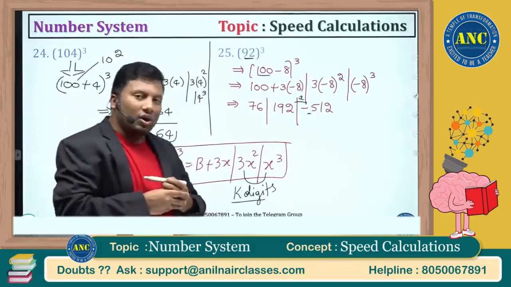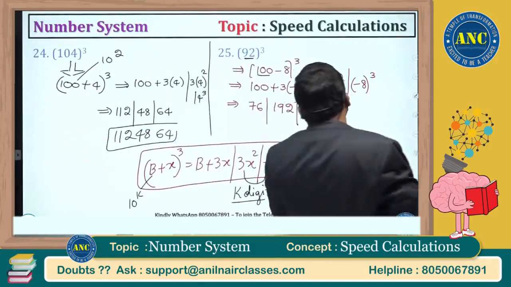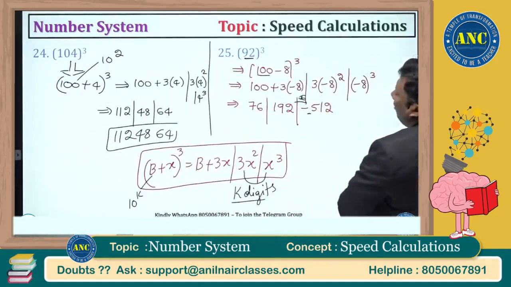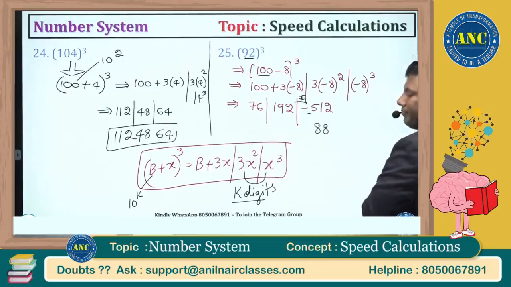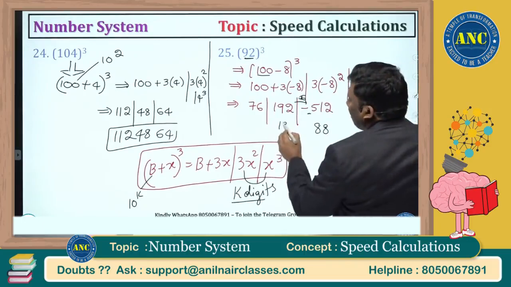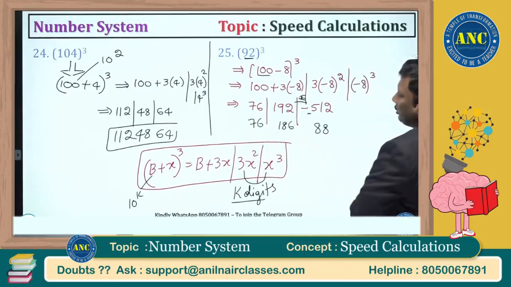So the carry cannot be 1, 2, 3, 4 and 5. Carry has to be 6. Carry is not always 1. 600 minus 512, 88. 6 taken out, it is 186 and it is 76.